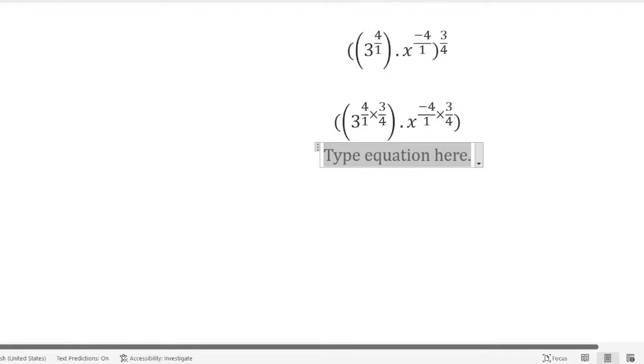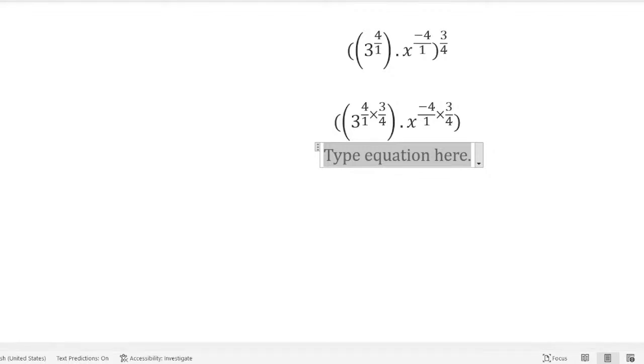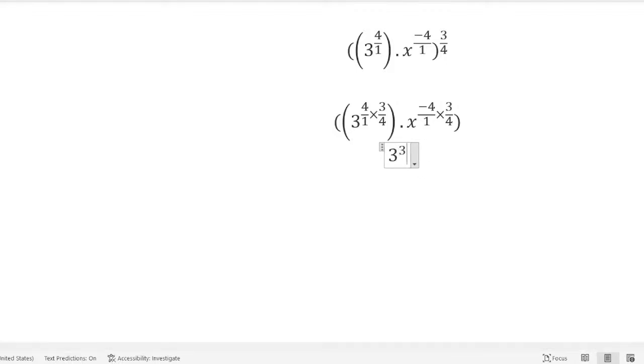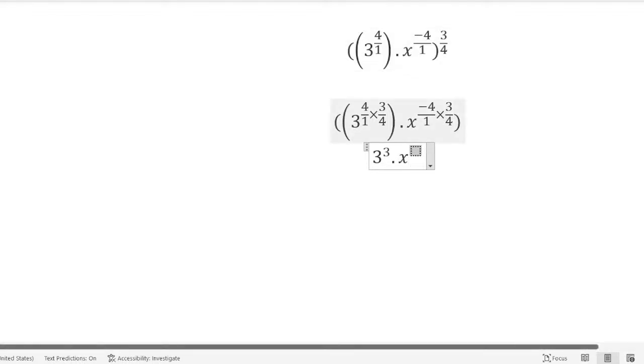So here we'll be left with 3 to the power 3, multiplied by x to the power. So here we have negative 4 times 3, that will be negative 12. Negative 12 divided by 4, that will be negative 3.